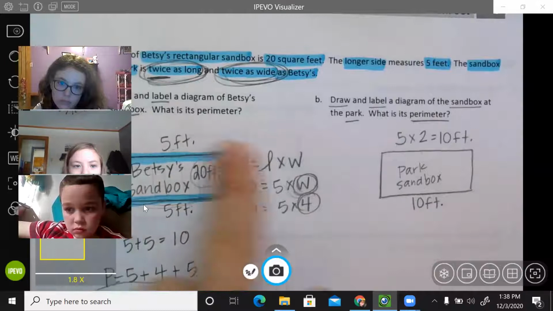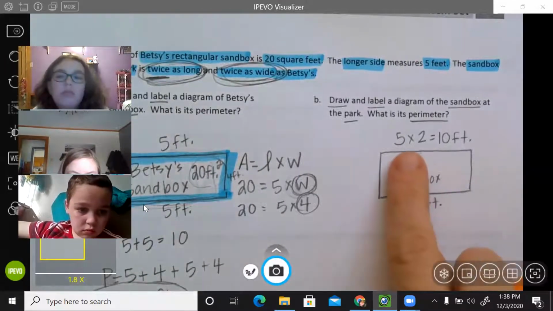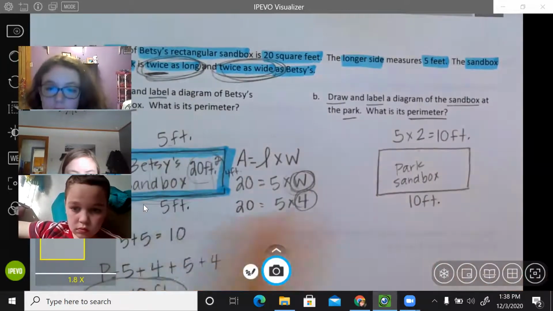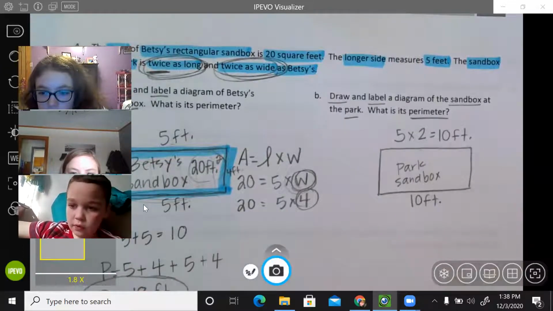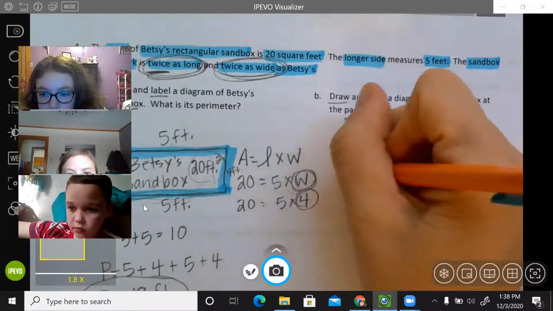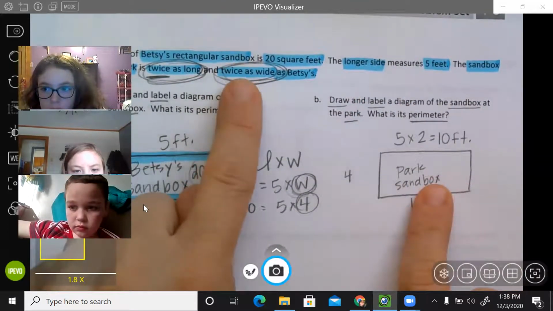Damien, look at Betsy's sandbox over here. Carson just told us that it was 5 feet wide. I'm sorry, 5 feet long. How wide is it? 4 feet. Okay, so I have 4 feet, and this tells us this sandbox is twice as wide.